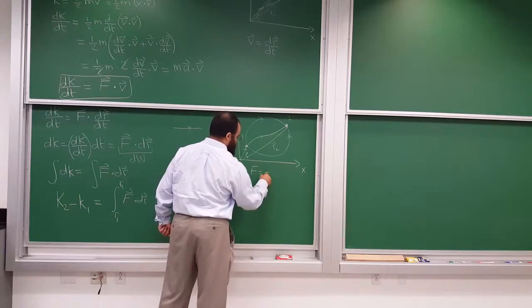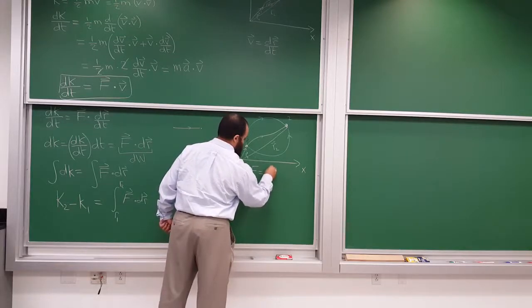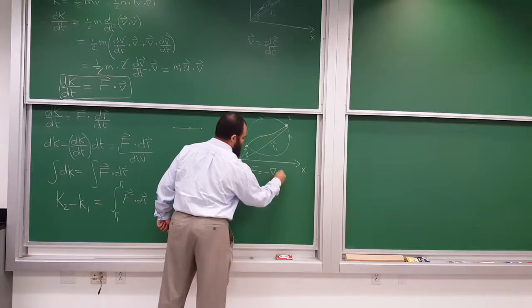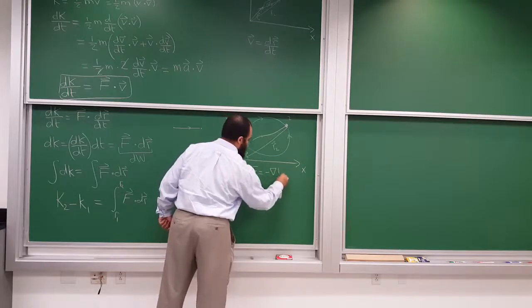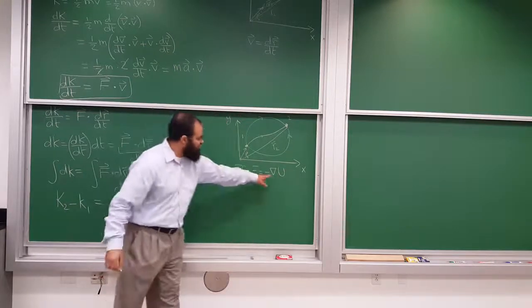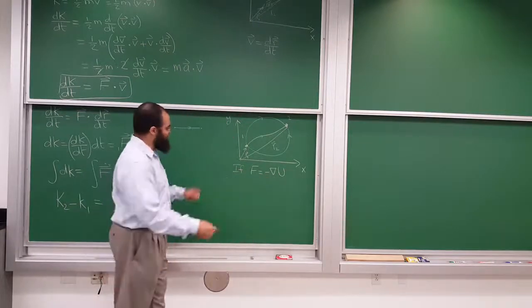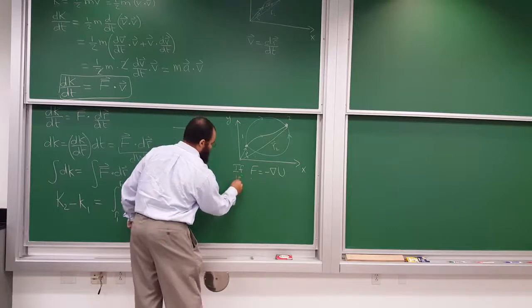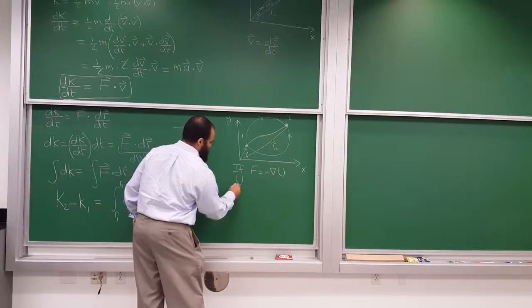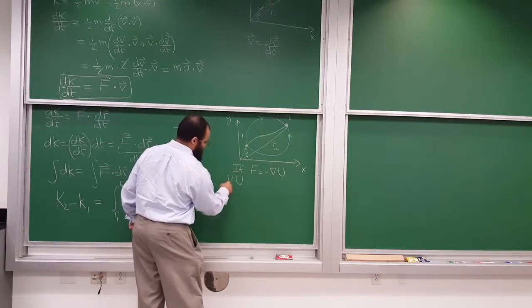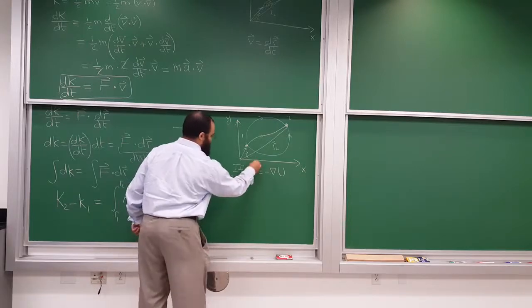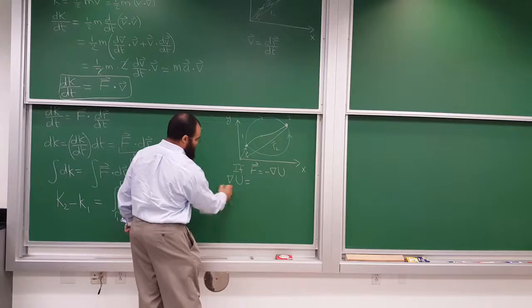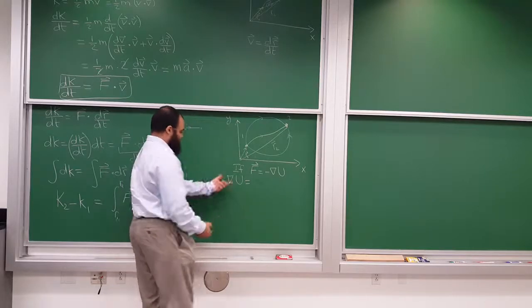If F is equal to negative, you have this triangle here, it's called the gradient, del, of U. What does this mean? Well, if you have a function U, and you want to take its gradient, then you do the following. I'm sorry, F is a force vector. U is a scalar. So what does this symbol mean?